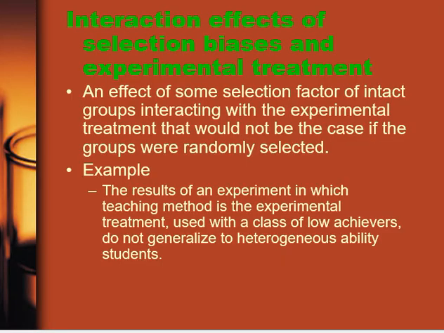We can also have interaction effects of selection bias and experimental treatment. Remember, selection bias is when you don't have equivalent groups, when your experimental and your control group are not the same. So if you have an effect of some selection factor of a group that's interacting with the experimental treatment, it could be that would not be the case if the groups had been randomly selected.